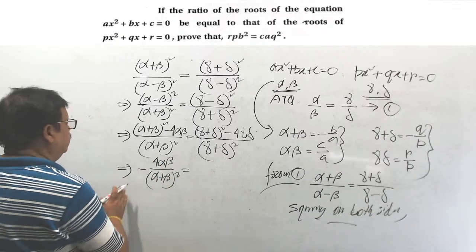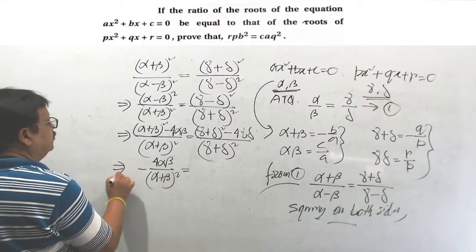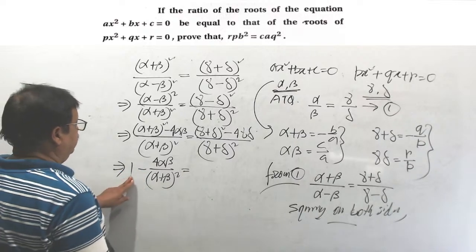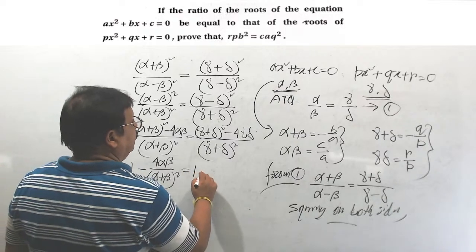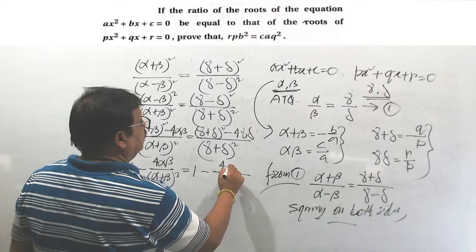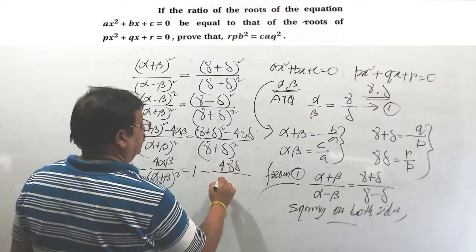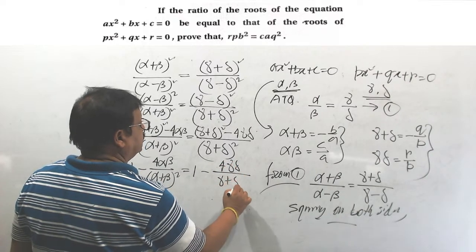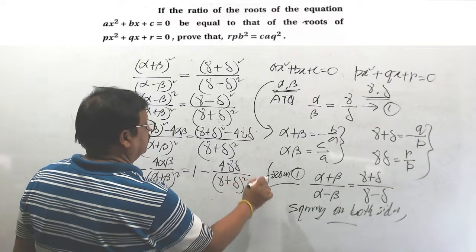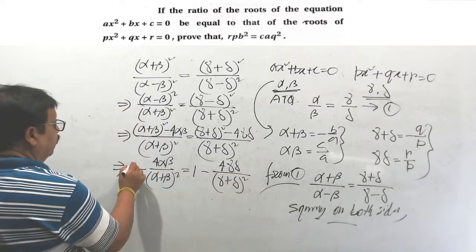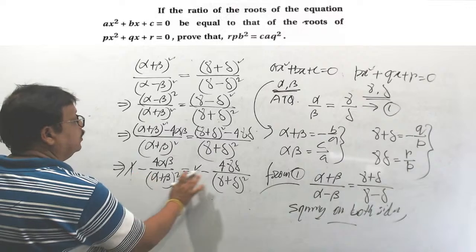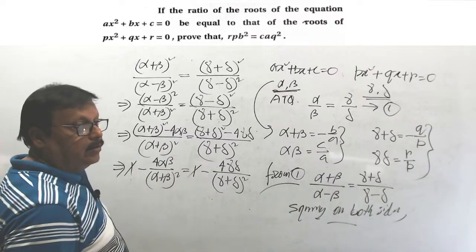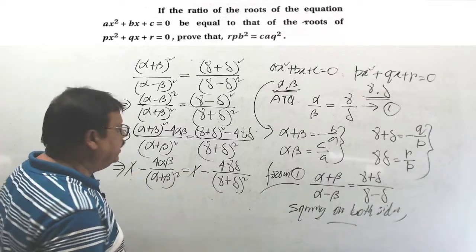The 1 is cancelled. Better you write it first, otherwise it will get confusing. The 1 cancels, and the minus sign also cancels when multiplying both sides by minus 1.